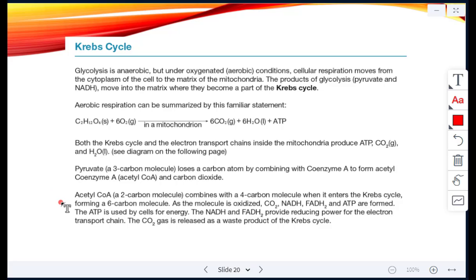That molecule is oxidized, and during that process, carbon dioxide, NADH, FADH2, and ATP are formed. The ATP then is used by cells for energy. The NADH and FADH2 provide reducing power for the next part, which is the electron transport chain, and then the CO2 gas will be released as a waste product of the Krebs cycle.